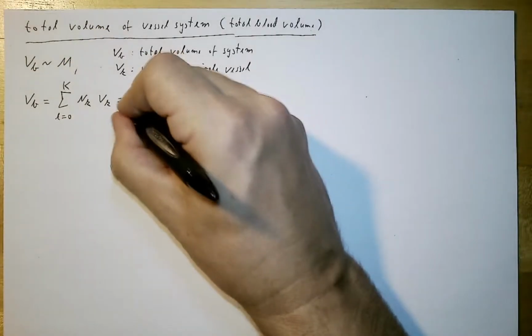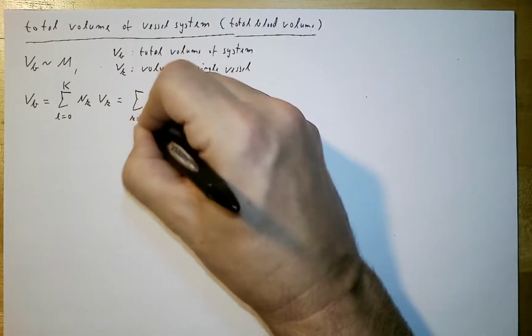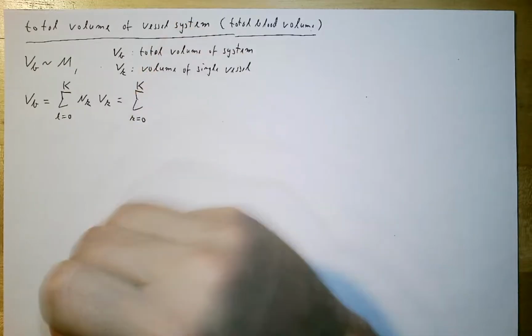Okay, so let's see what this gives us. So we have to sum this up from K equals 0 to capital K.